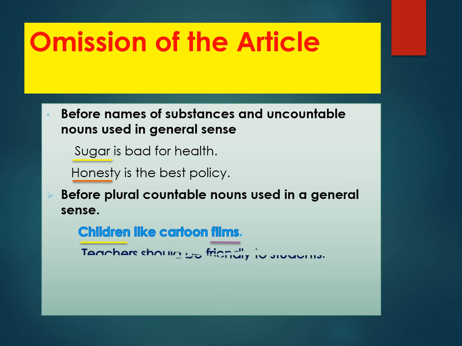Let us see the next example. Teachers should be friendly to students. Here, teachers is a plural countable noun used in general sense. And students is also a plural countable noun in general sense.